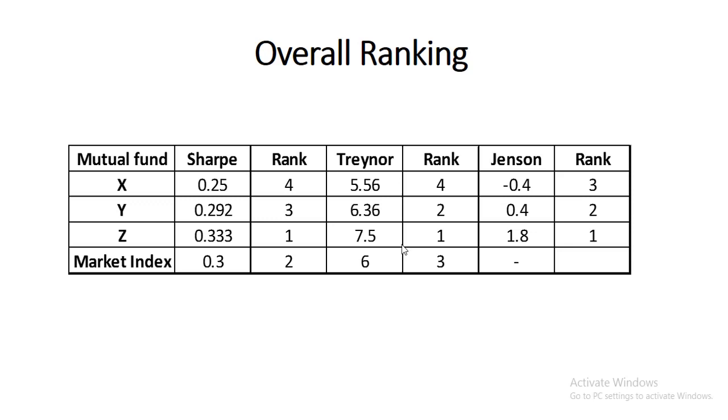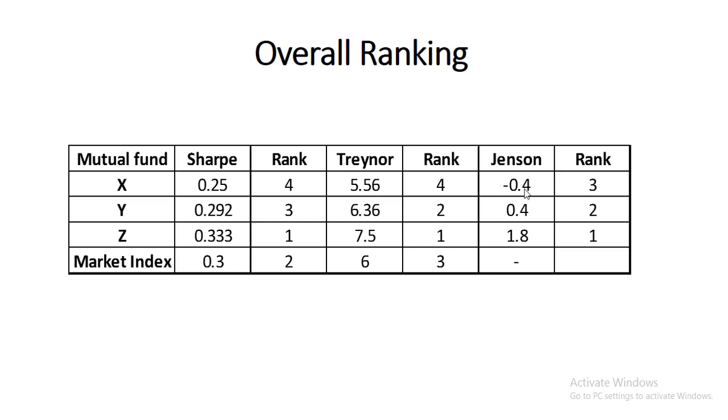This time in Treynor, the second rank we can give to mutual fund Y. As compared to market risk, as compared to market, Y is giving extra return. So second best option is Y. Third is market, and the mutual fund X should be the last one.